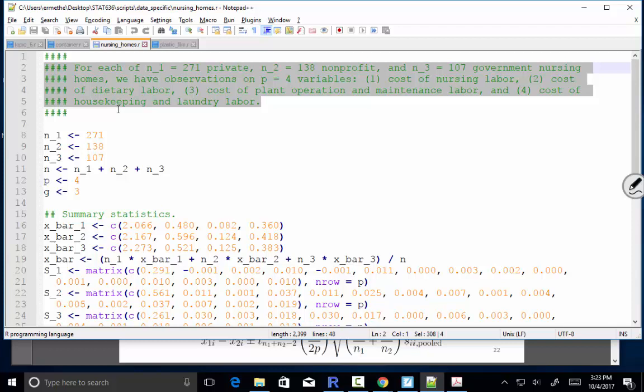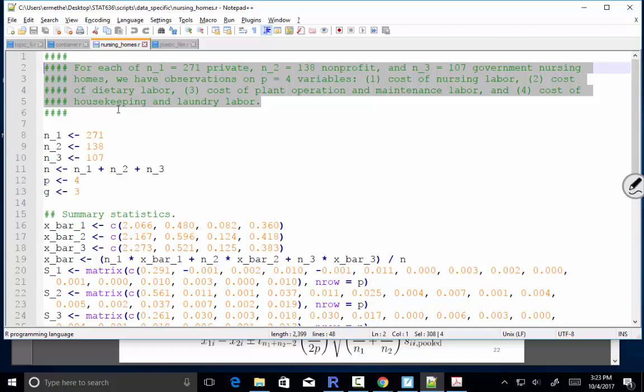The first one is, how much does this place spend on nursing labor each year? The second is, how much do they spend on dietary labor, so like the kitchen and cooks and such. Third one is the cost of plant operation and maintenance, just maintaining the facilities and all of that. And 4 is cost of housekeeping and laundry.